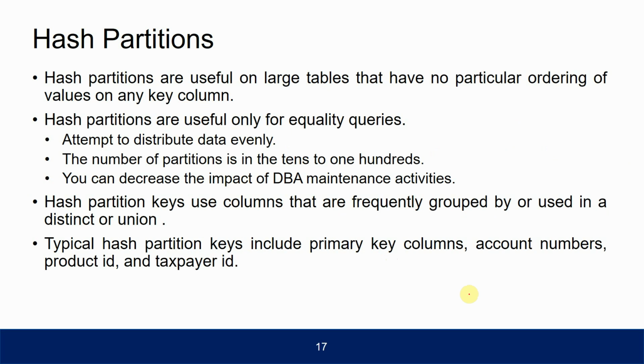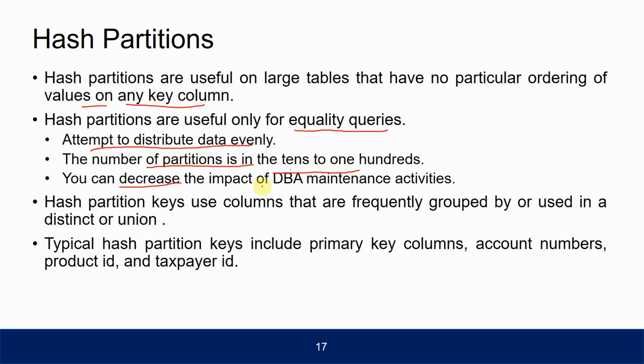Hash partitions are useful on large tables that have no partition ordering of values on any key column. Hash partitions are useful only for equality queries. They attempt to distribute data evenly. The number of partitions is in the tens to hundreds.